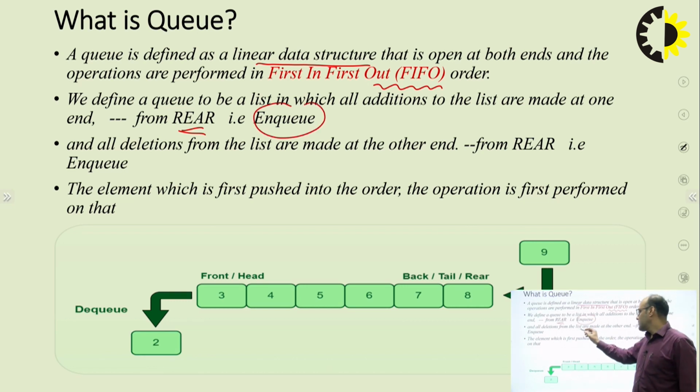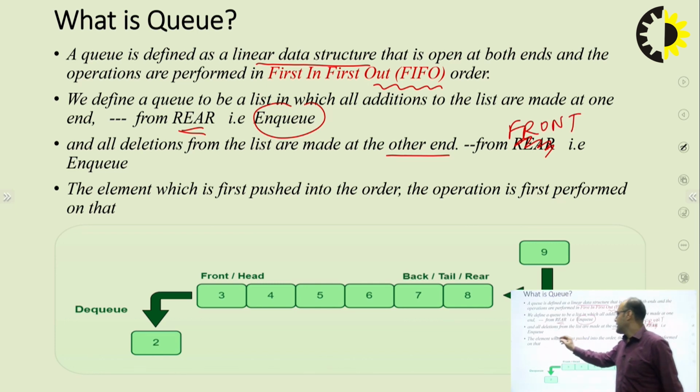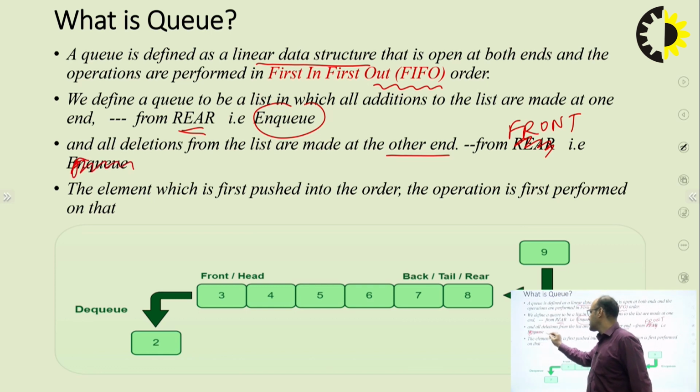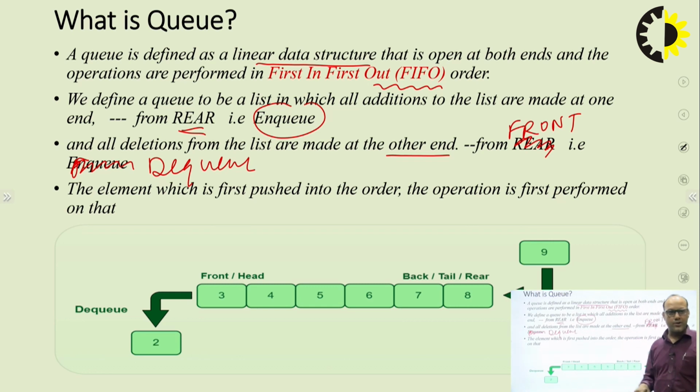All the deletions from the list are made at the other end, the front end. That is called DQ. Deletion is DQ, addition is NQ. Insertion takes place from the rear end, deletion takes place from the front end.